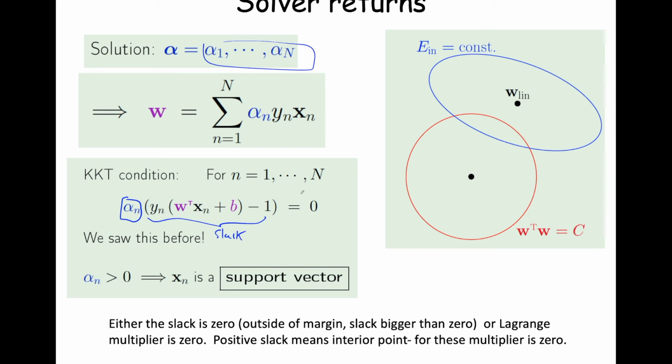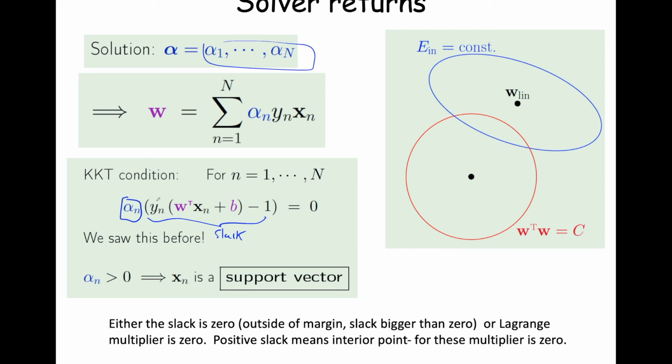And we know that for the points that are on the margin, this term, alpha n times our slack, is equal to 0. Because our margin point had this expression equal to 1 in the equality sense, and we said that we can scale our hyperplane up and down so that for the closest off-plane point, i.e. the point on the margin, this expression is equal to 1.